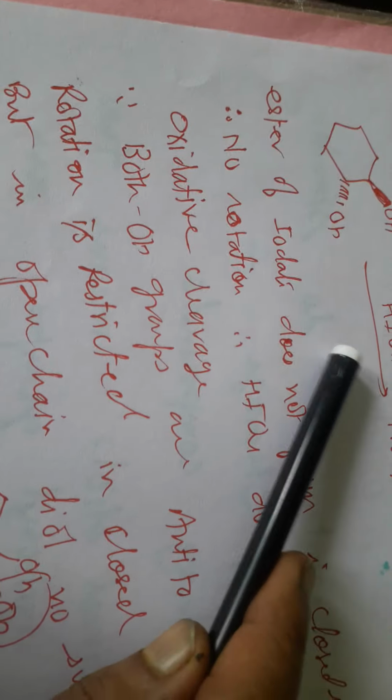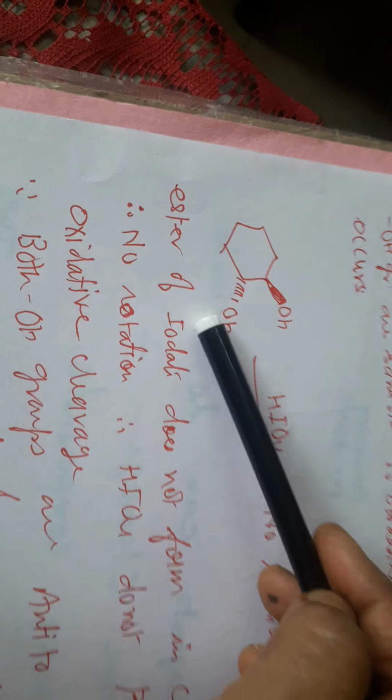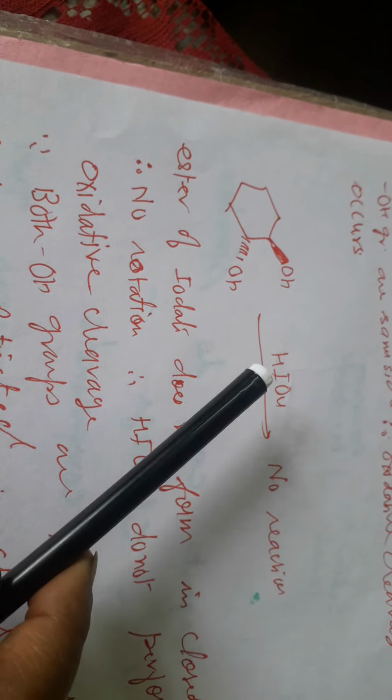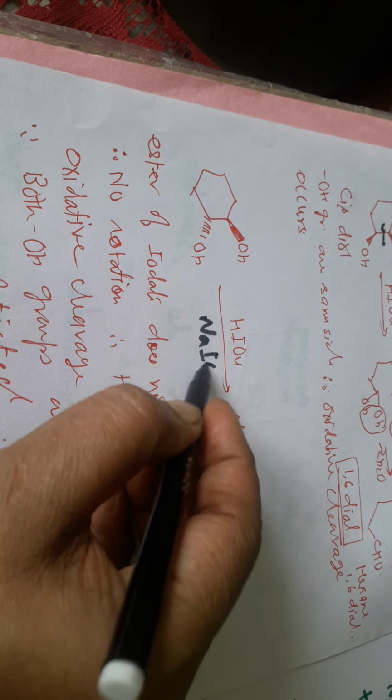Clear? Now in this case, this above one is a cyclic diol. This is also a cyclic diol. This is vicinal, this is also vicinal. These two OH groups are on opposite sides, opposite planes, or you can say they are anti to each other. So whether we put HIO4 or KIO4 or NaIO4, any of the four I have given you, there will be no reaction.